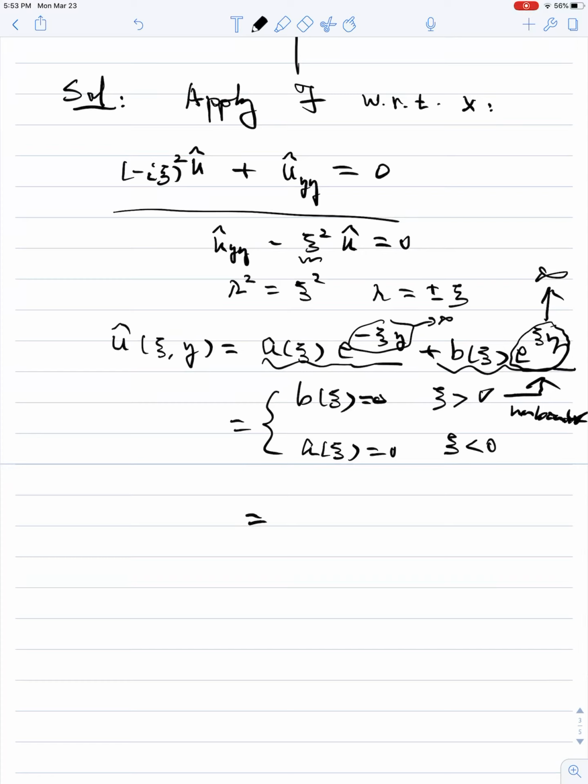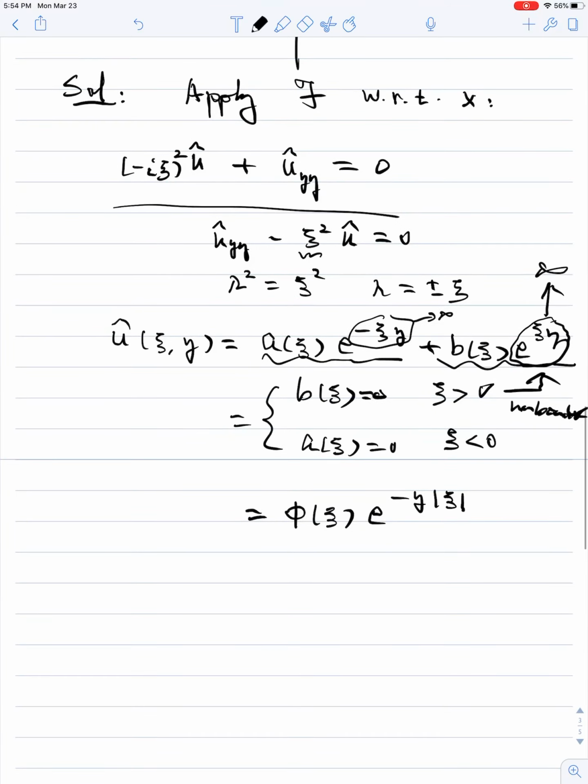If you want to write this in a nice form, I can use another letter and write this as a function phi(ξ) times e to the negative y absolute value of ξ. So this is the form of the solution.